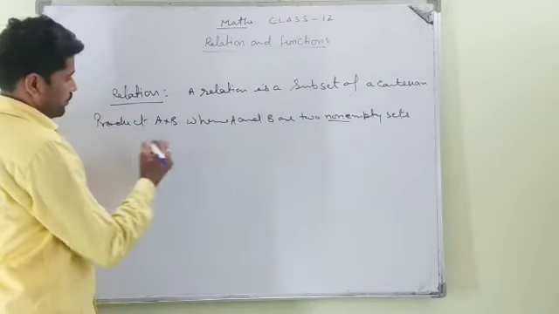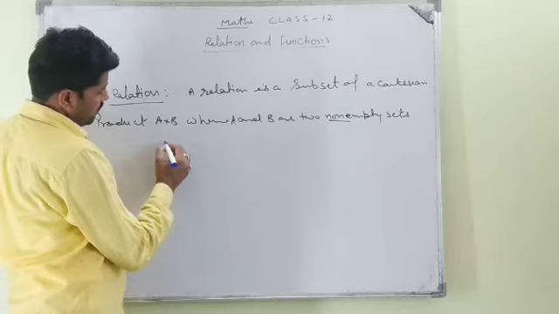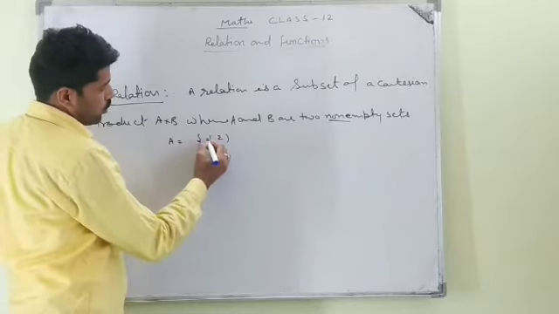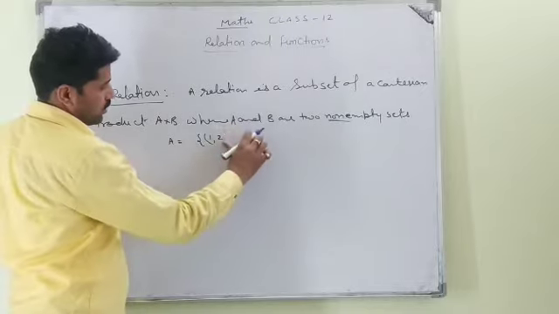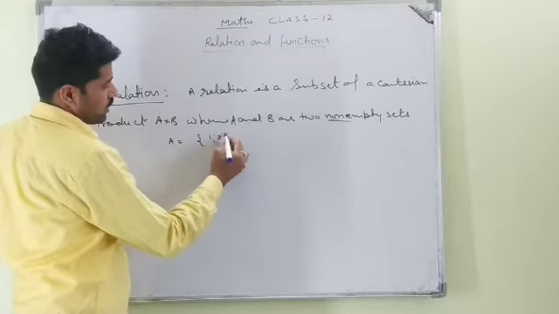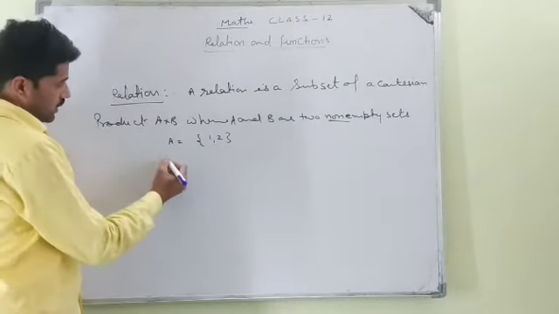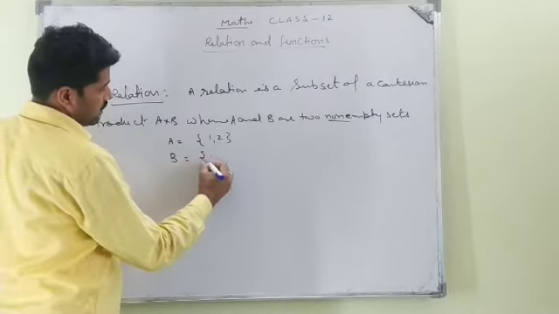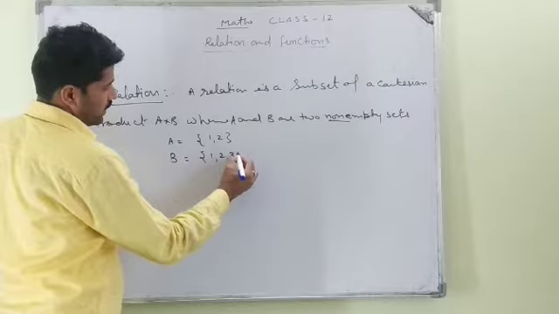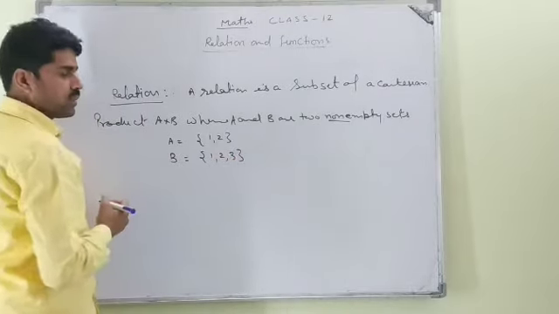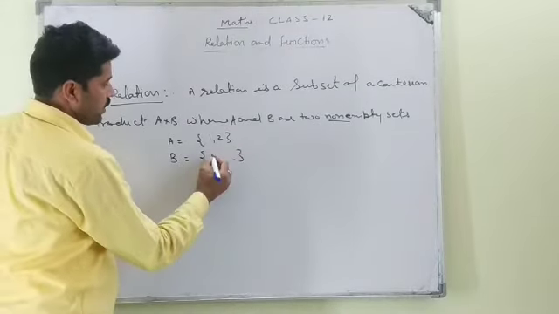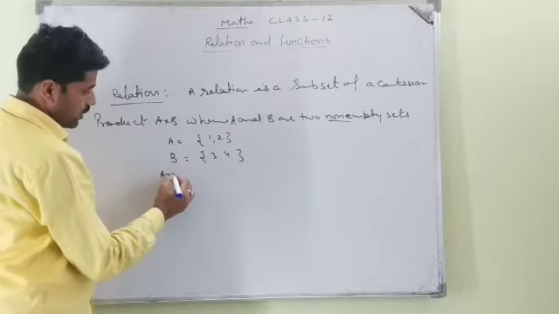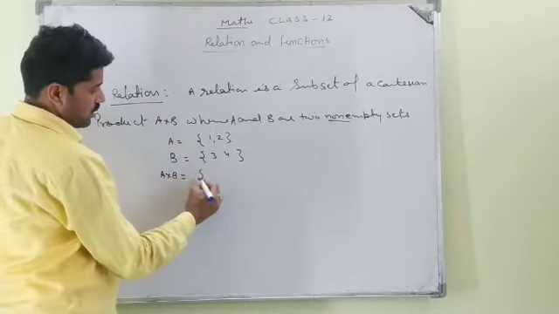For example, A equals 1, 2. This is a set. And B, I will take 3 and 4. Then what is A cross B? Very simple.